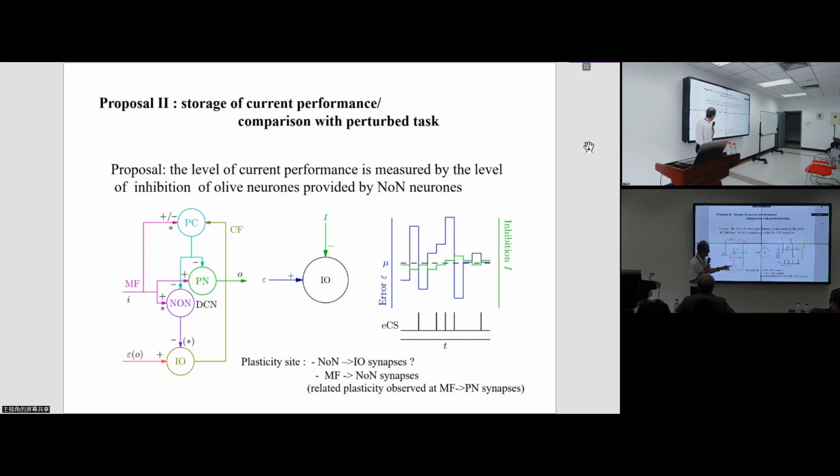You could have plasticity here or here. Since plasticity has been described on the mossy fiber, on the projection neuron, we propose that the plasticity is taking place here, meaning the synapse of the mossy fiber on the nuclear olivary neuron, and that's what we use afterwards. Okay?